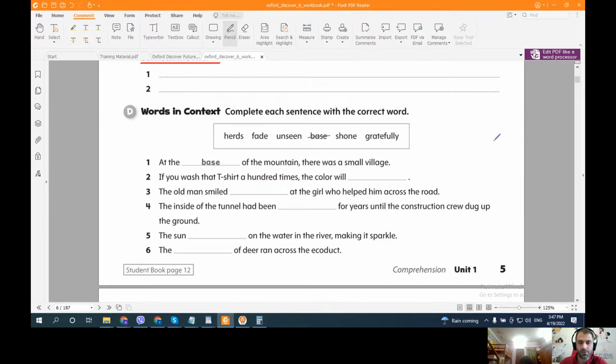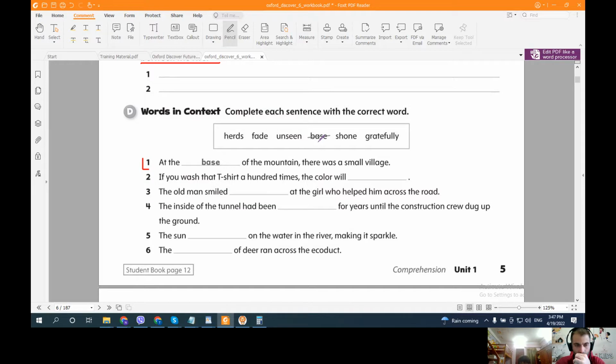Now we have here complete the sentences. Complete each sentence with the correct word. Okay, now can you please read number 1? Number 1. At the base of the mountain, there was a small village. Number 2.